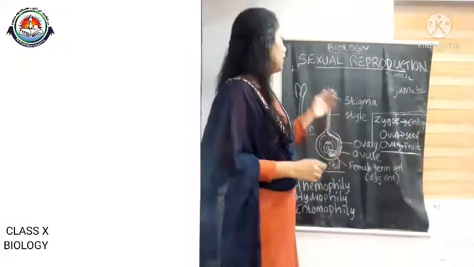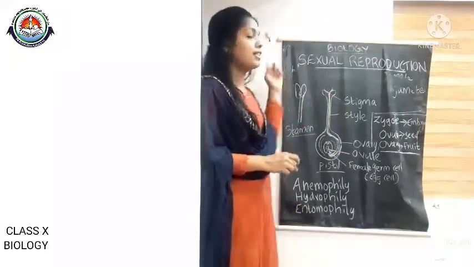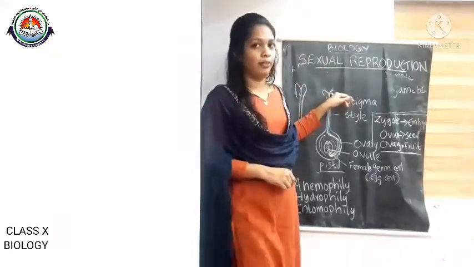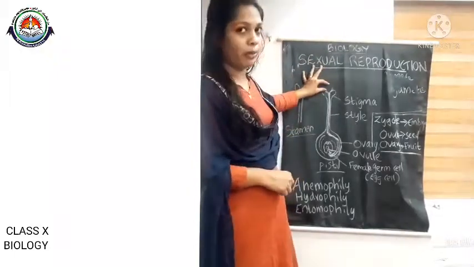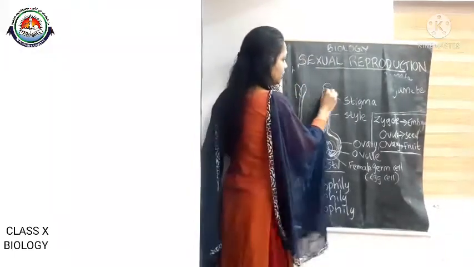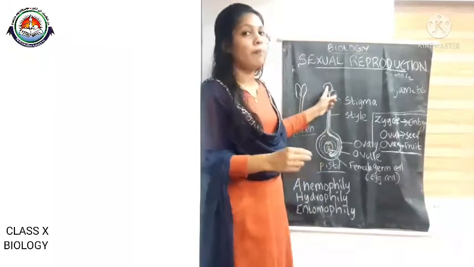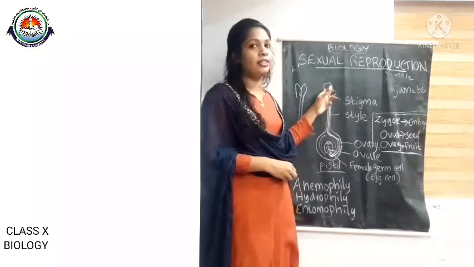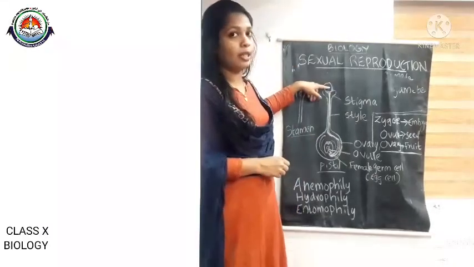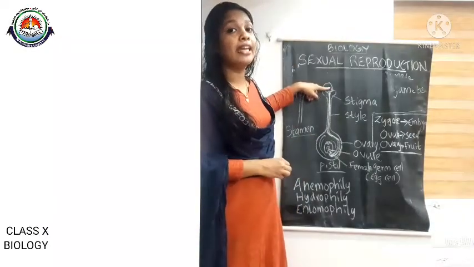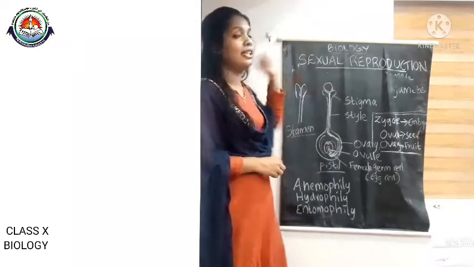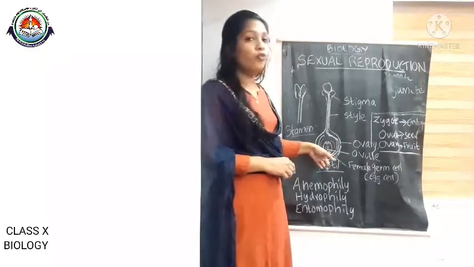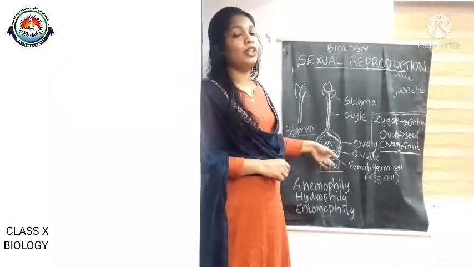In pollination, the pollen grains are transferred from the anthers to the stigma of a flower. When the pollen grain reaches the stigma, it will start producing a pollen tube, and the pollen tube carries the male gamete present inside the pollen grain into the ovule, which is present inside the ovary.